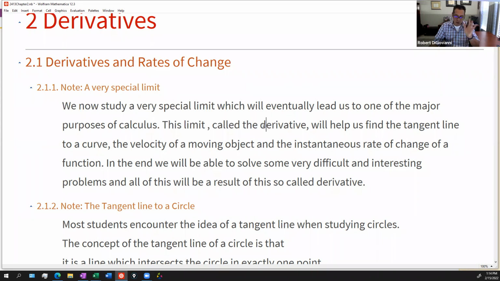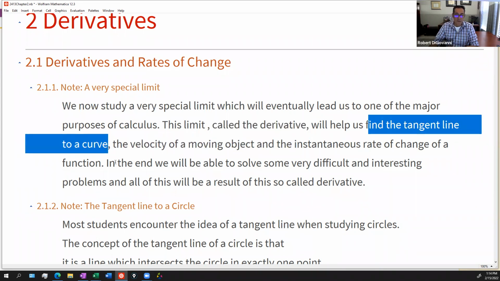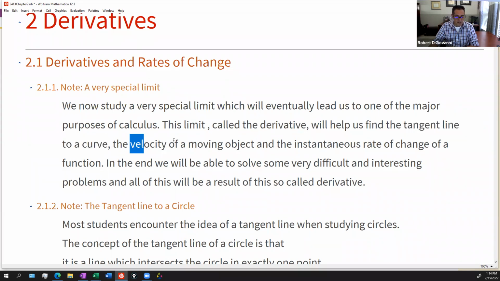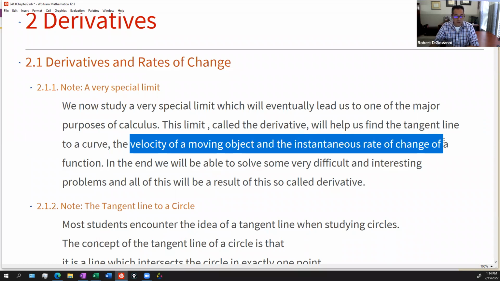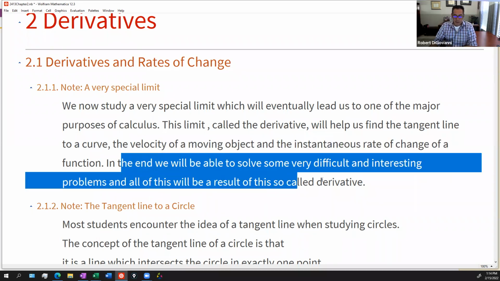I haven't shown it to you yet, but I will. It's going to help us find the tangent line to a curve. And we'll find out later that this also allows us to find the velocity, or the instantaneous rate of change, of some function. Again, if this doesn't make sense, don't worry about it right now. In the end, we're going to be able to solve some very interesting problems once we get this concept established.